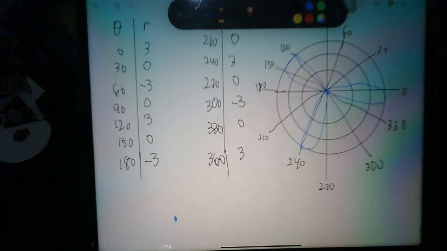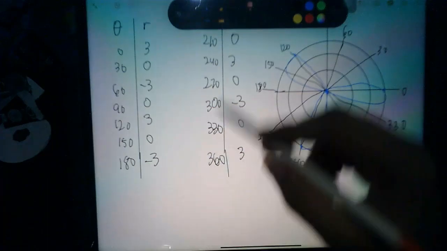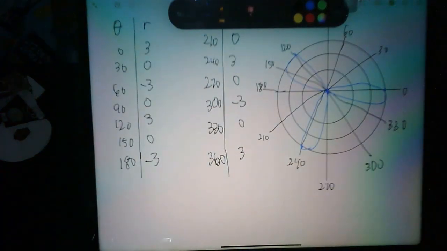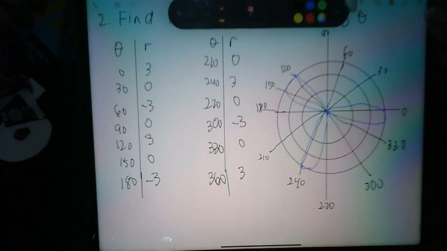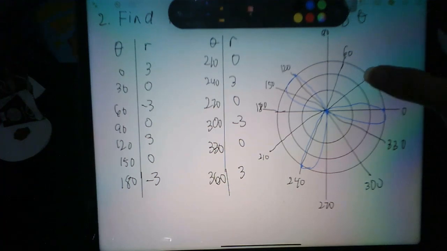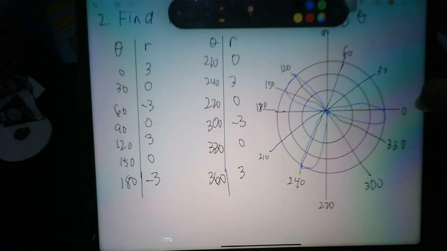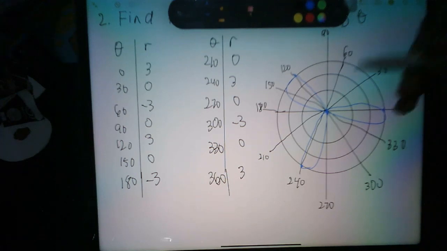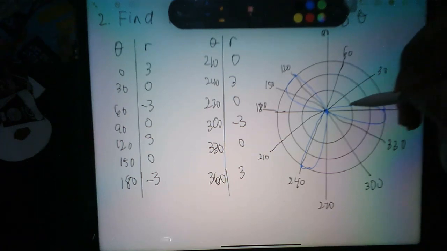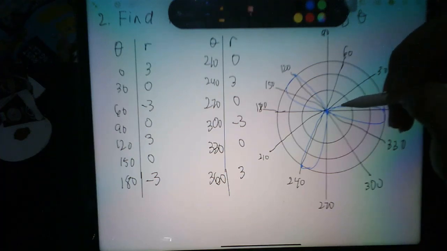So for our differential area here, we just need to put a point here from 0 to 90 degrees. So a point here, we put a point here. Put a point here.